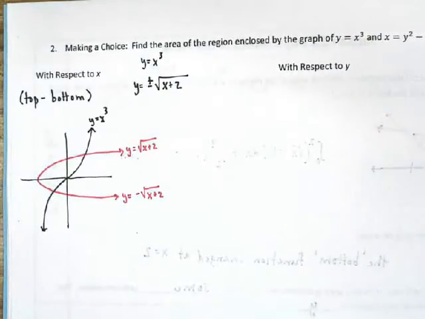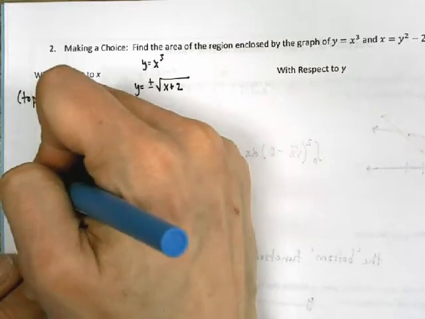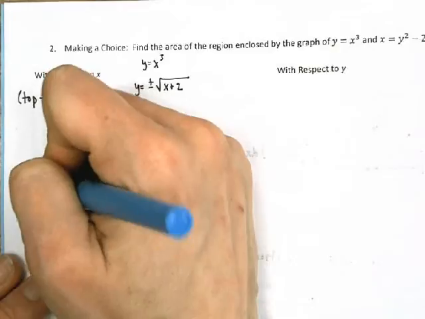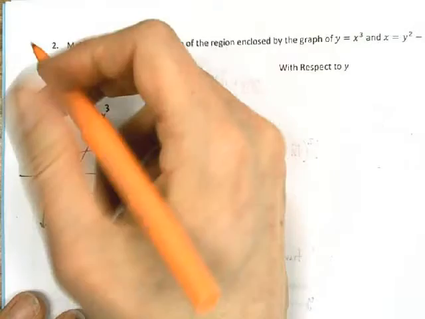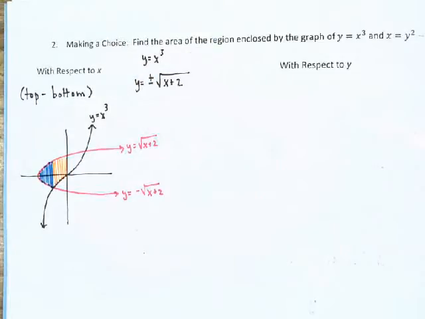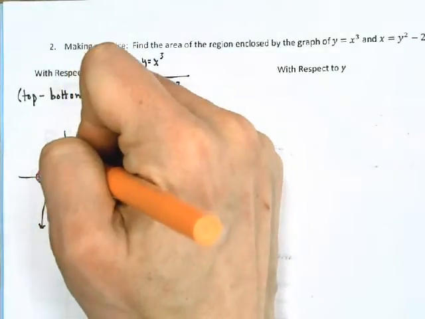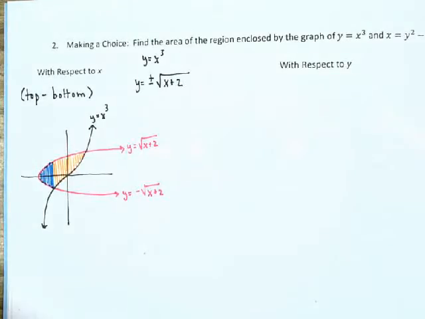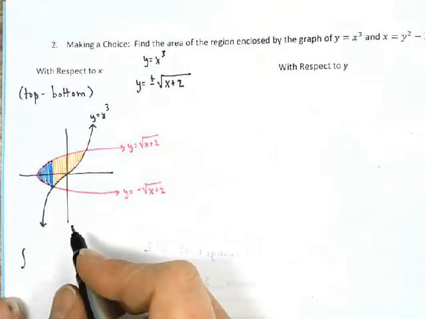So now what I notice is if I do top minus bottom, here I've got this top and bottom, but then now my bottom is going to switch here. So if I'm going with respect to x, I'm going to need two integrals. So first I've got the integral, and we'll look at our limits in a second here.